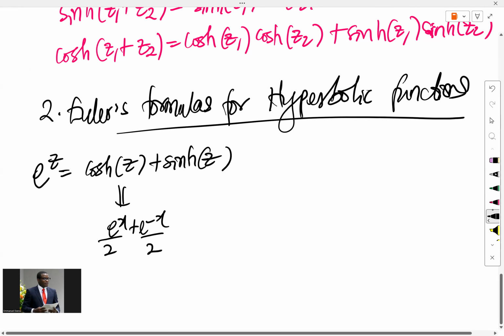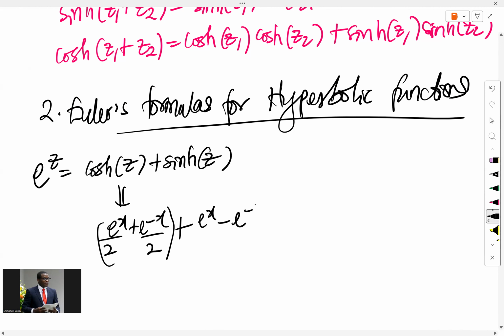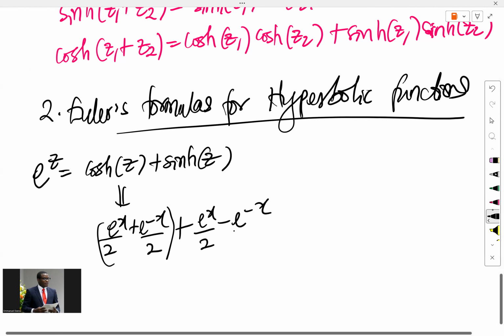So this is divided by 2. Then plus, so this is cos z. Sin z is e raised to power x minus e raised to power minus x divided by 2. You can split it up like this, and you see that this cancels this.